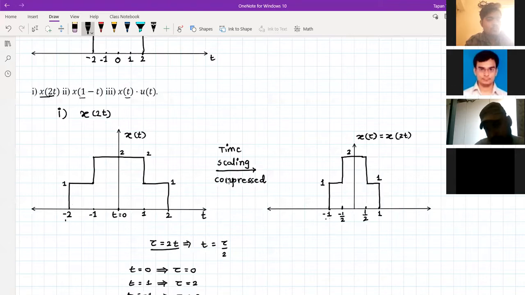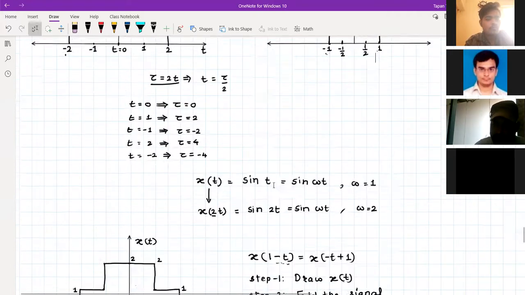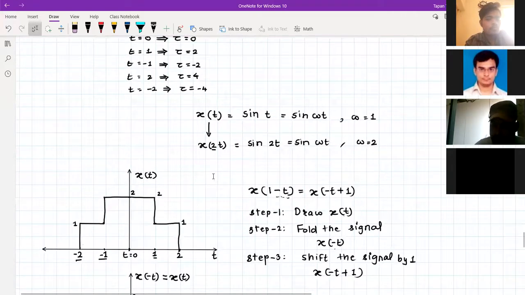So you get minus 1 to 1, the same signal but compressed 2 times. So the revised signal has the same shape, same amplitude, but it begins at minus 1 and ends at 1. Fine.